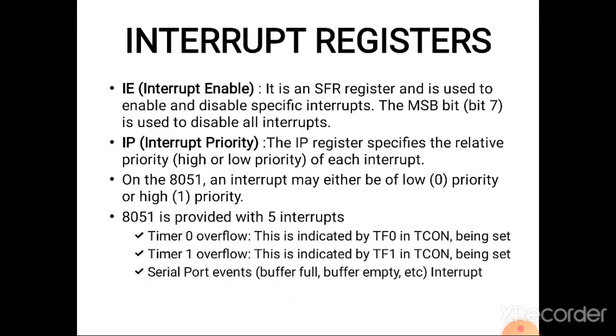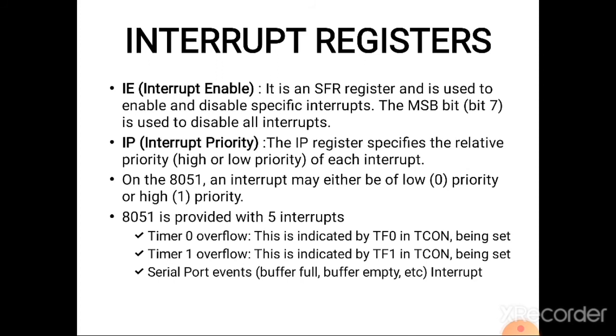Then the second one is the interrupt priority register. The interrupt priority register specifies the relative priority, high or low, of each interrupt. In 8051, an interrupt may be either of low priority or higher priority. Low priority is indicated by 0 and higher priority is indicated by 1.